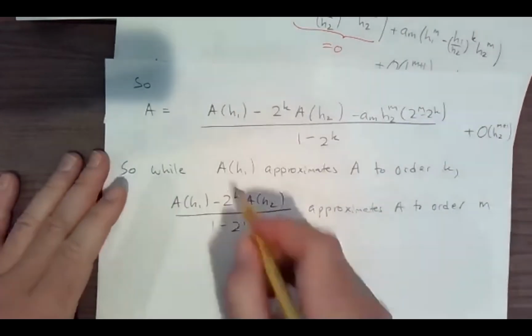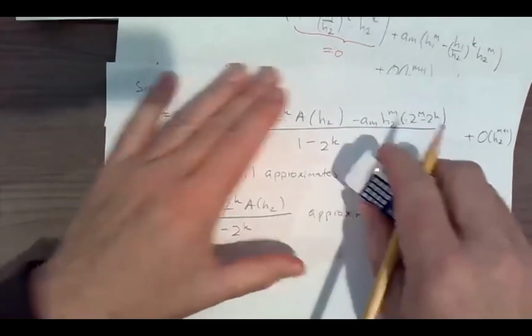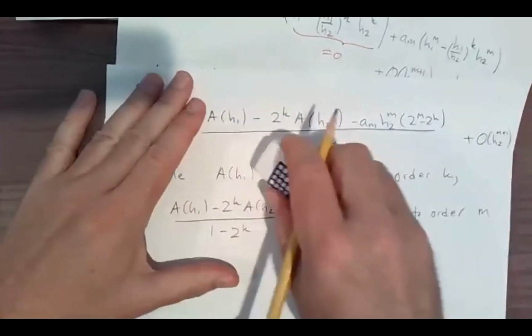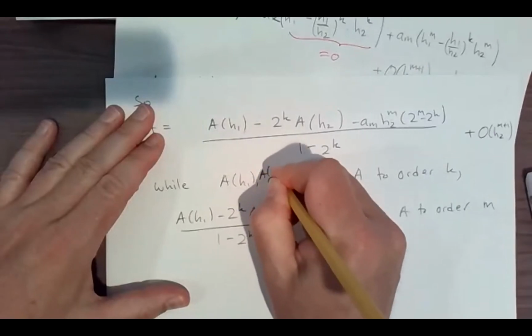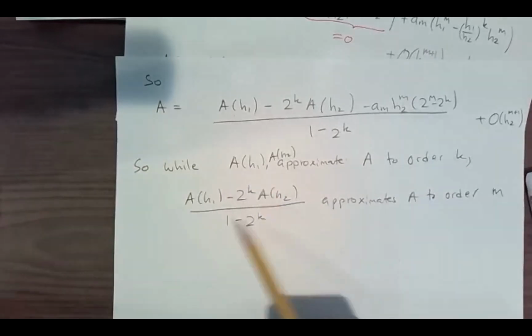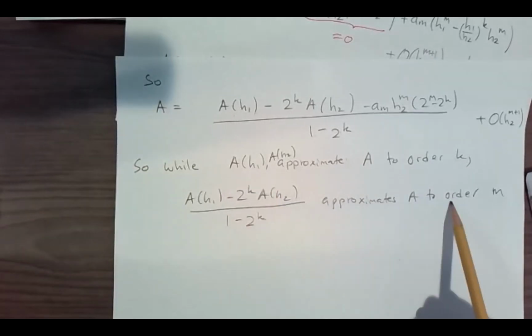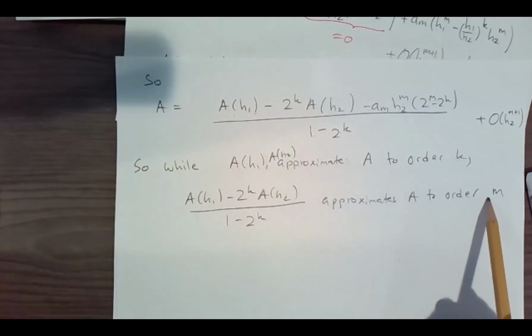I mean, this is the same. A of h1, I should also say a of h2, both of them do just to the order k. You approximate a to the order k. If I mix them according to this formula, I get a higher order.